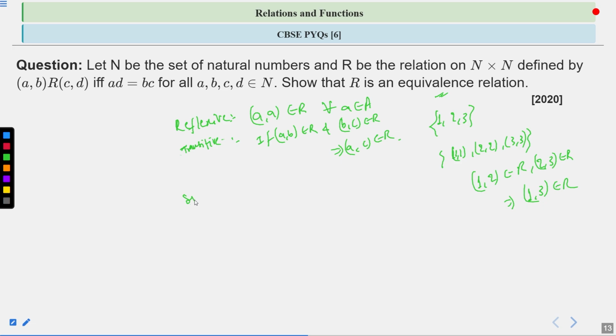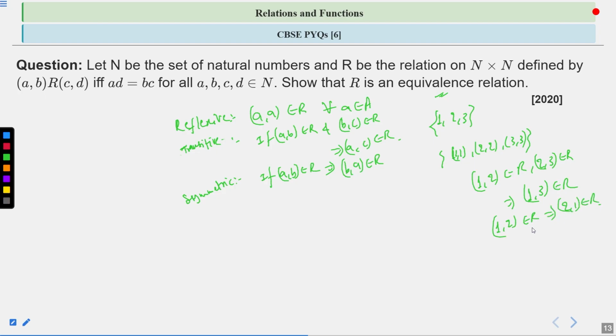Now for symmetric, what is the condition? If (A,B) belongs to R, this implies (B,A) must belong to R. That is, suppose (1,2) belongs to R, this implies (2,1) must belong to R, right?